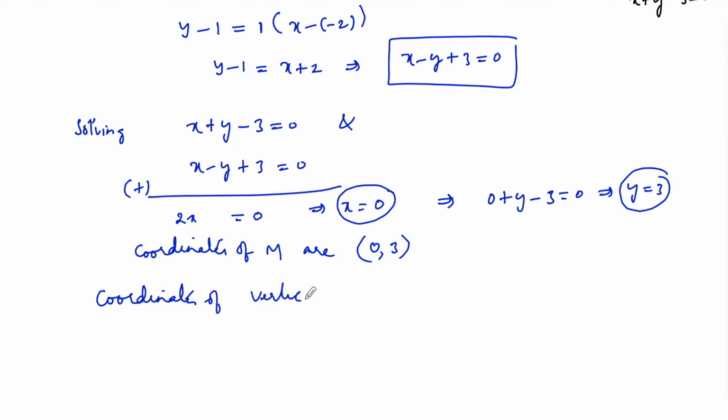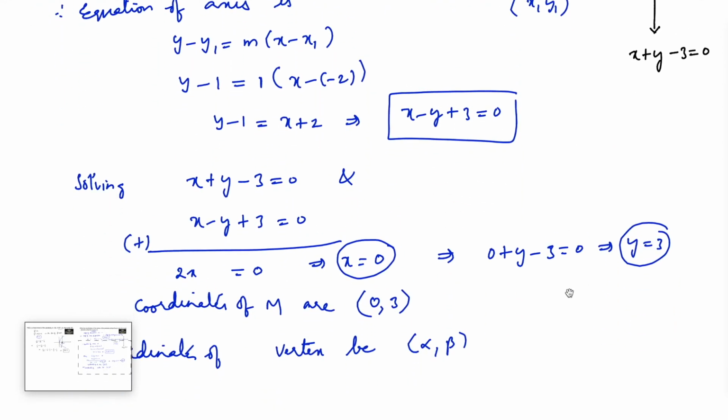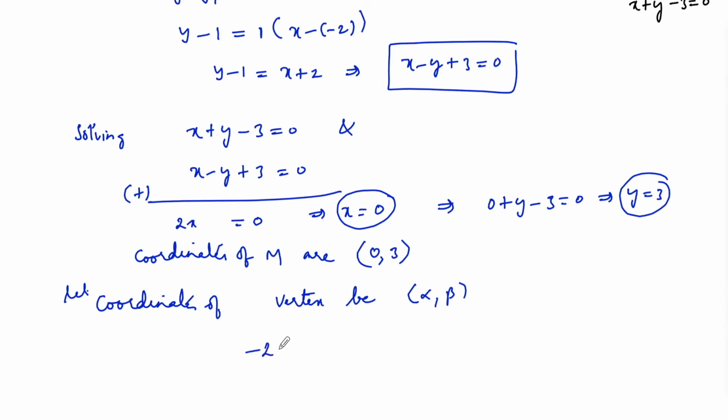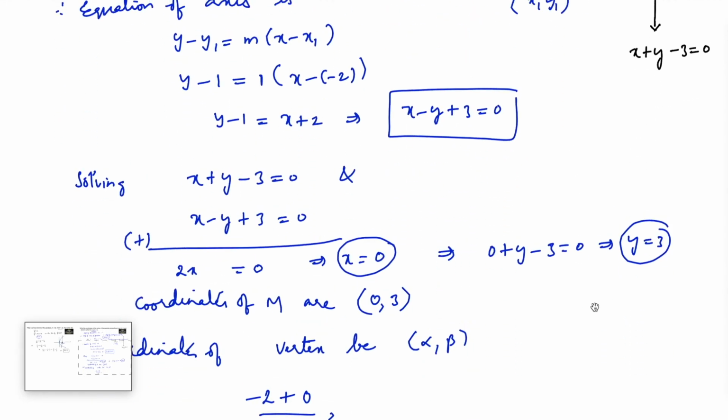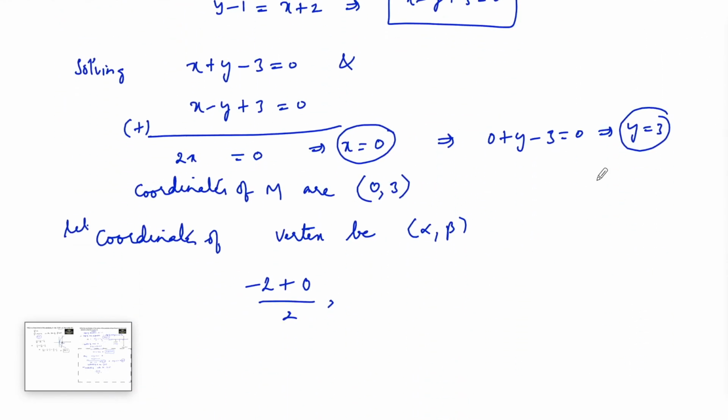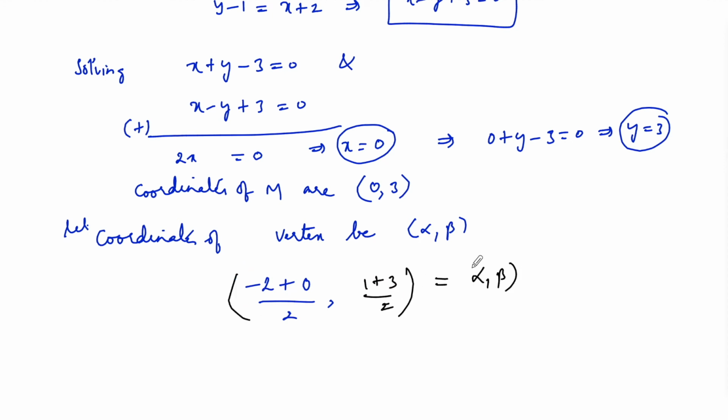Let the coordinates of the vertex be alpha comma beta, so that we have minus 2 plus 0 upon 2 comma 1 plus 3 upon 2, which is equal to alpha comma beta.